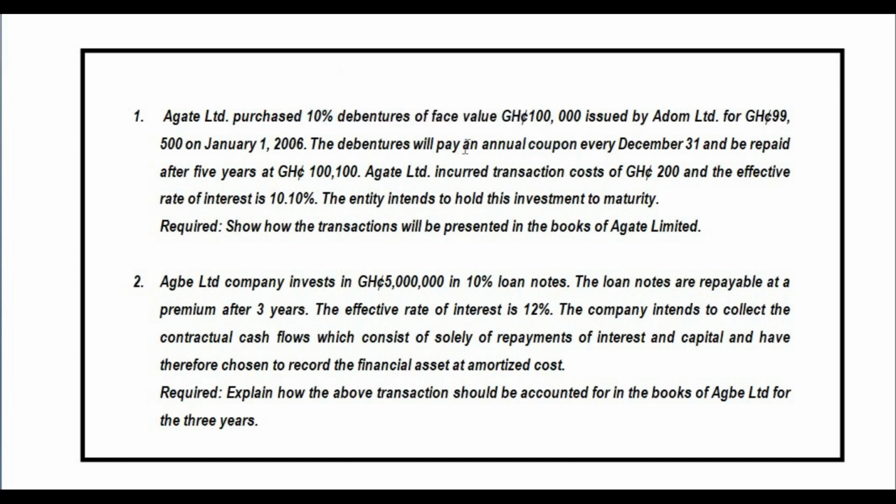It's always the rate that immediately follows the financial asset or liability, and be repaid after 5 years at 100,100. So we can see that the face value is 100,000, but it will be redeemed at 100,100, which means that it will be redeemed at a premium.